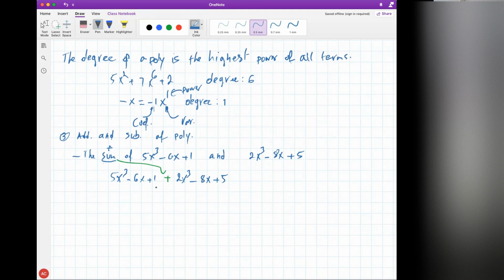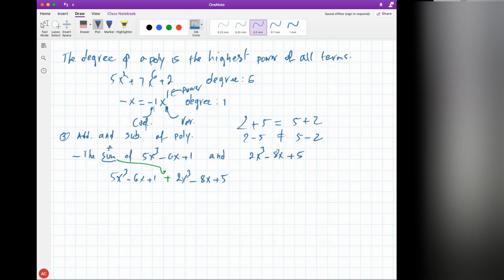Again, we don't even need parentheses. We need those mostly for subtraction, as we're going to see later. For addition, just put them together. It doesn't even matter which one we write first. The commutative property we talked about before: 2 plus 5 is the same as 5 plus 2. So it doesn't matter which one goes first. But with subtraction, it does. There's a different answer, so these are not the same.